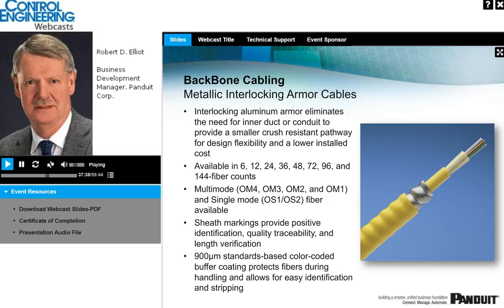Very often, very much state-of-the-art, these are available with a variety of fiber counts. You can see through here all the way up to 144. These are often available in all of the different modes, both multimode and single mode fiber types we'd identified.